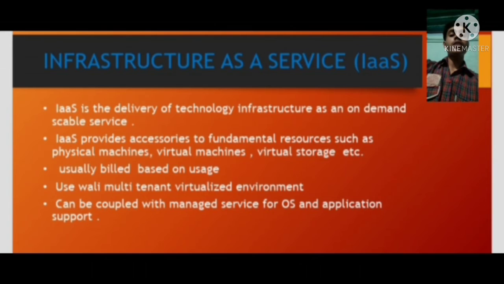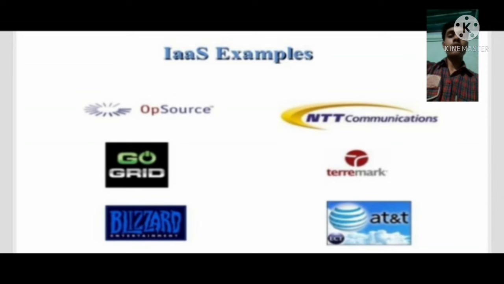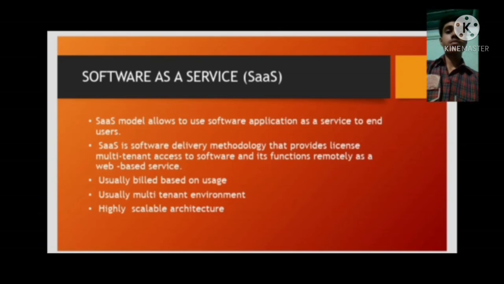Usually a multi-tenant virtualized environment, it can come complete with managed OS and application support. There are some examples of IaaS. Software as a service. The SaaS model allows the use of software applications as a service by end users.